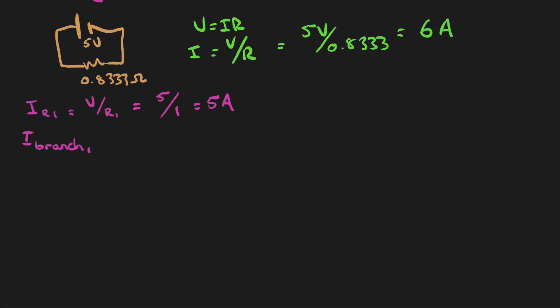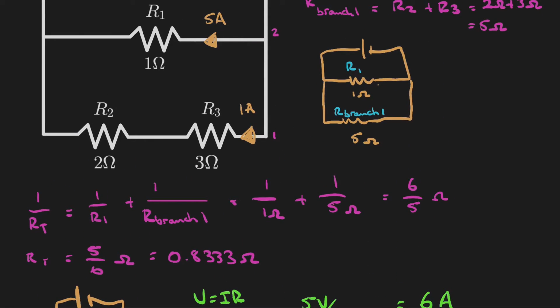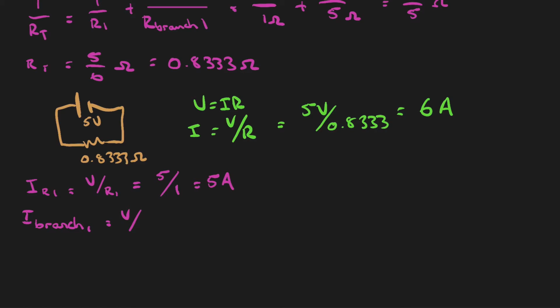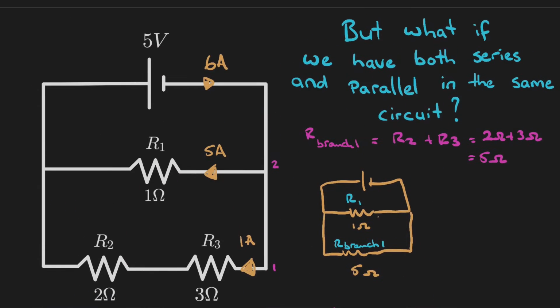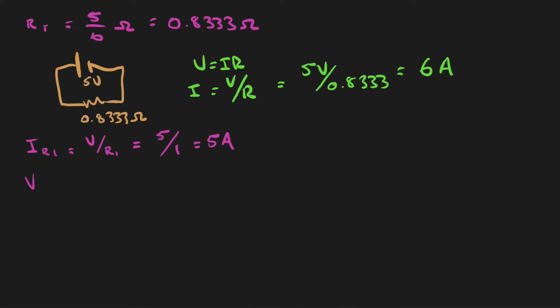So I branch 1 is equal to the voltage divided by, oops, what am I doing? Not I branch 1, I want to find out the voltage. So the voltage in branch 1, oops, it's not even in branch 1. My apologies, it's the voltage across R3 that we're trying to find.